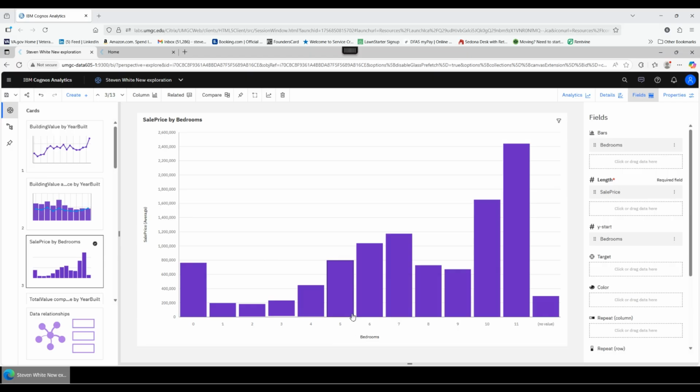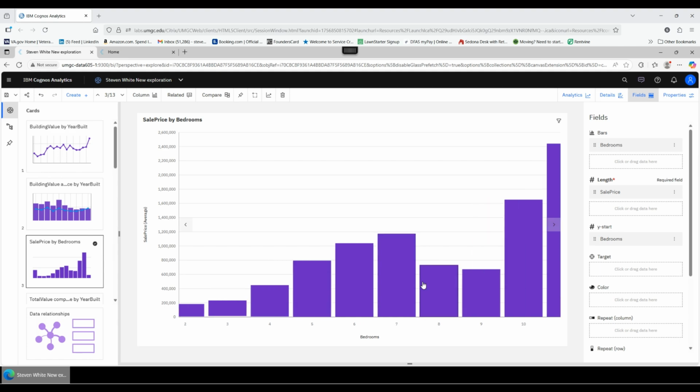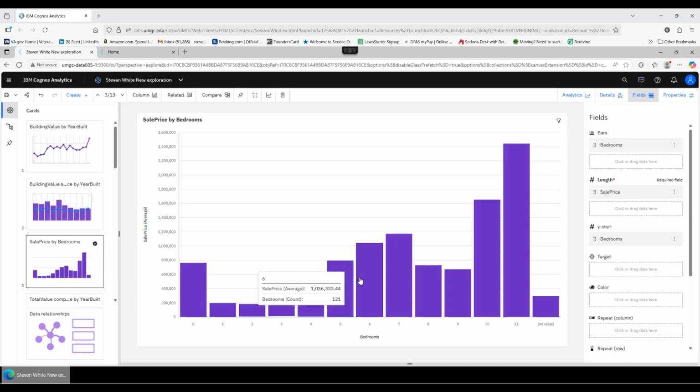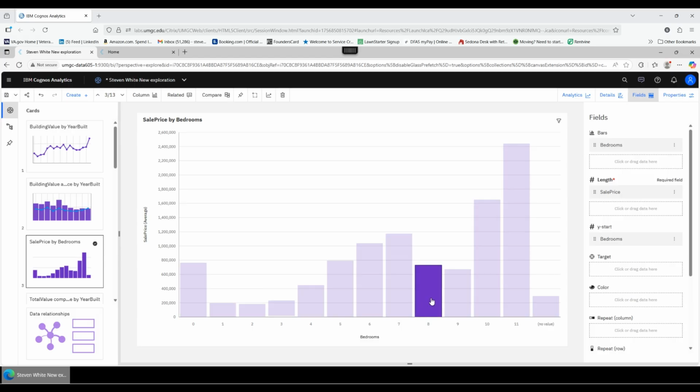Normally, as you can see, the higher the number of bedrooms, the higher the average sale price for that residence. There are a couple outliers as we get from 7 to 10, where 8 and 9 cost a little bit different. But with the counts very low, there's other things that could have factored into the price.